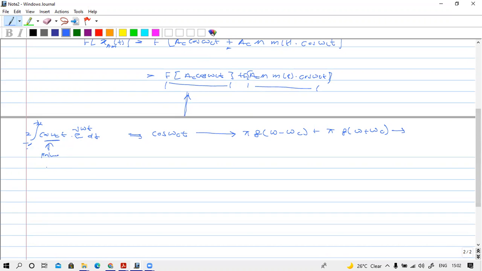So you will get half e to the power j omega_C t plus half e to the power minus j omega_C t. Then you multiply these two terms by e to the power minus j omega t, and you will have two terms.